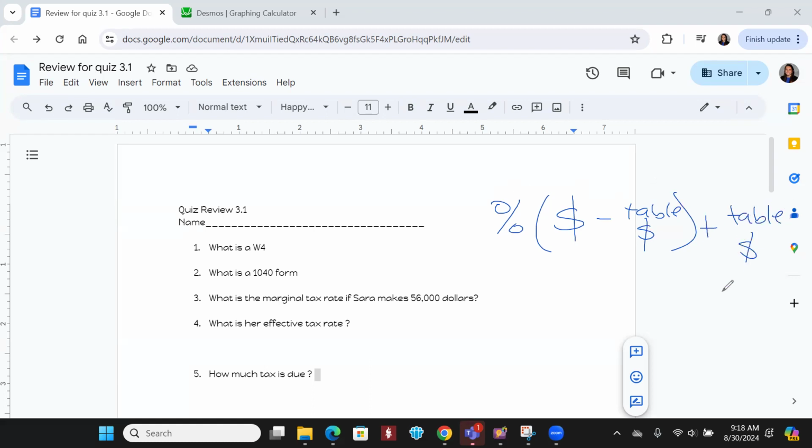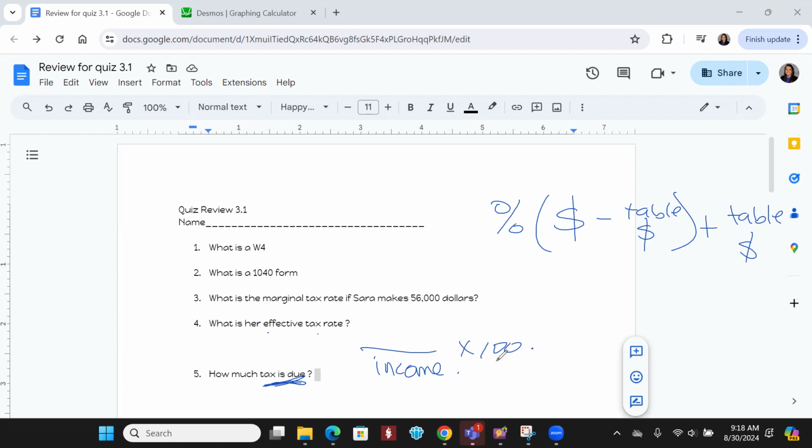So you've got to do this first, how much tax is due. Then your effective tax rate is whatever this is divided by your income, multiplied by 100, because it's a percentage.